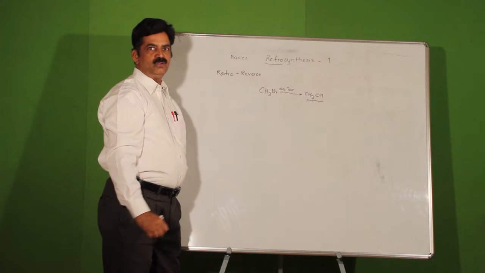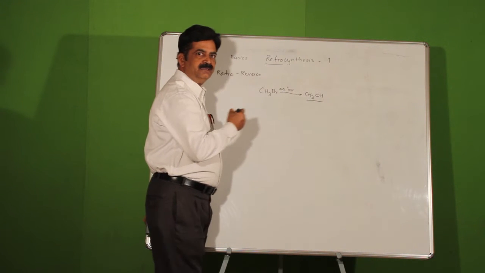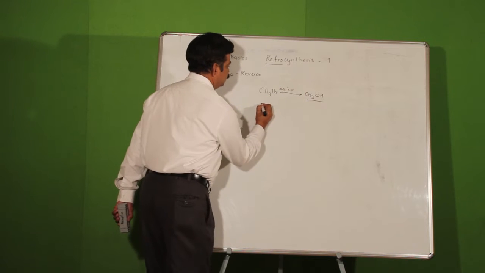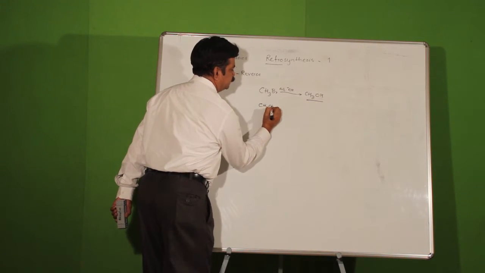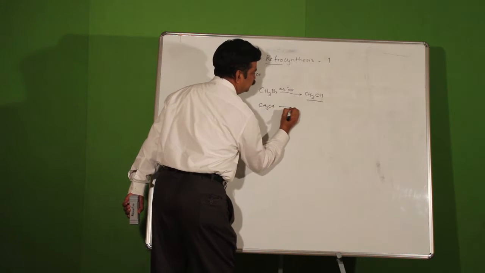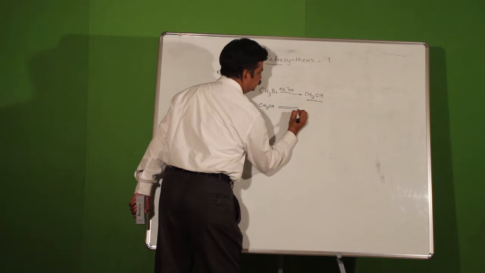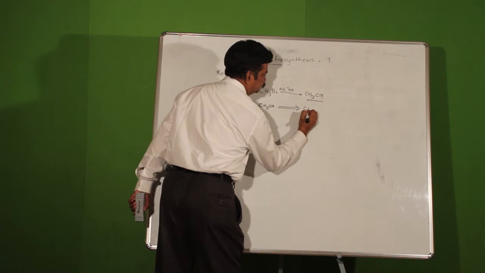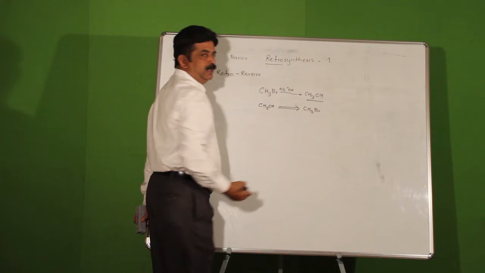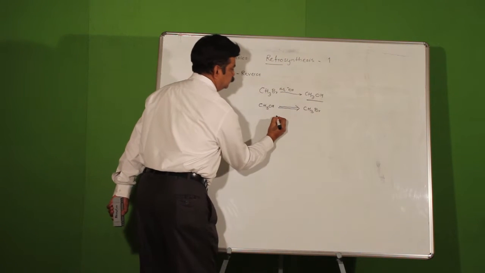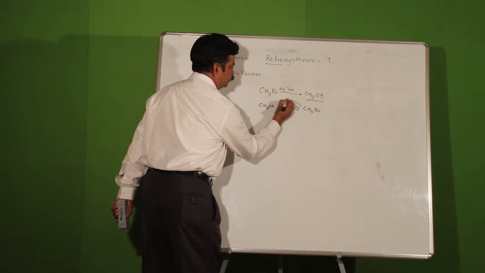So to find out and to write the synthesis of methanol, to go reverse is called as retroanalysis or retrosynthesis. Retro is written by this arrow.